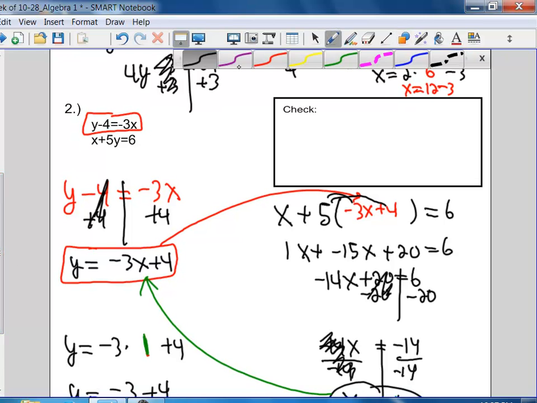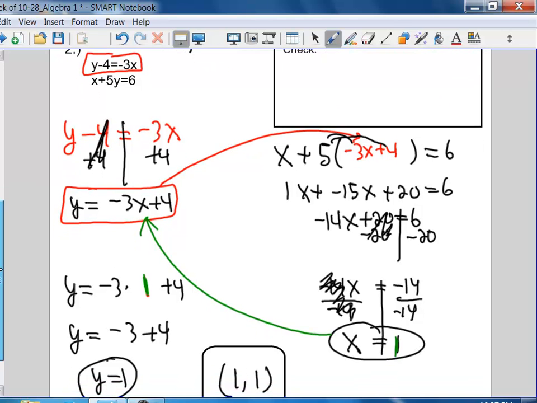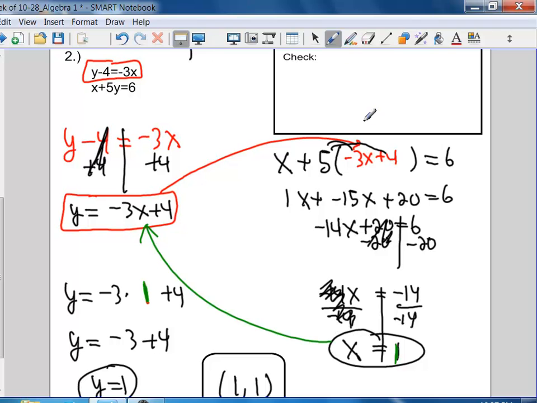So let's go ahead and check the equation. Well, we know our solution is 1, 1. We can barely see it, but it's just there. Okay, so let's write 1 every time we see x, and we'll write 1 every time we see y. 1 minus 4 equals negative 3 times 1. So that's negative 3 equals negative 3, and that's good.